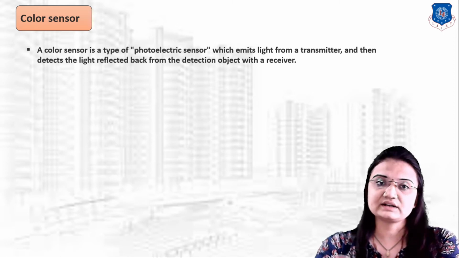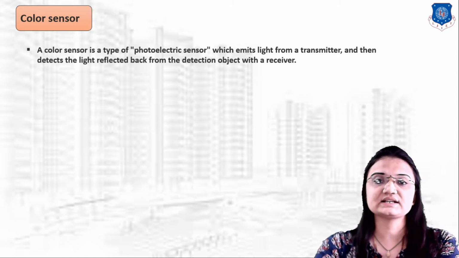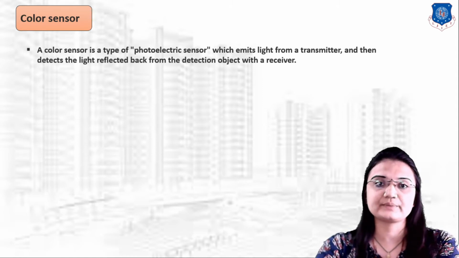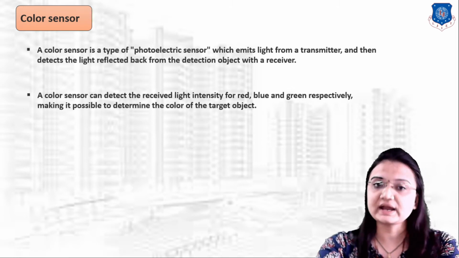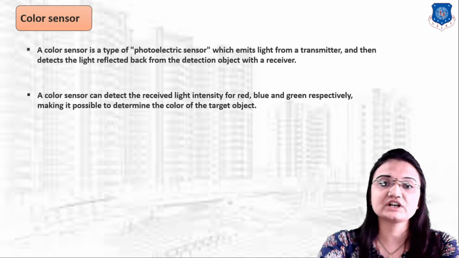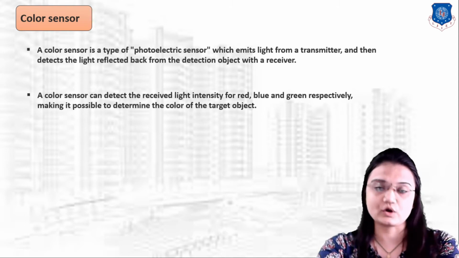By detecting this reflected light, we can easily say which color is present. A color sensor can detect the intensity of the light for red, blue and green respectively to determine the color of the target object.